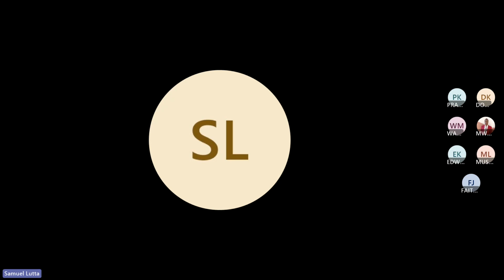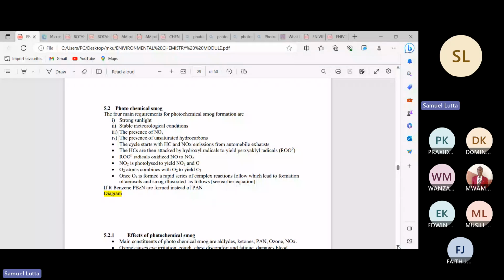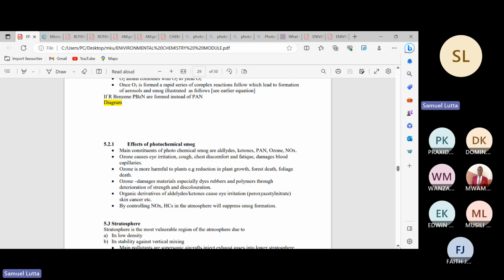We talk about PAN, that is the structure, peroxyacetyl nitrate, important hydrocarbons that take part in the formation of photochemical smog. So you start with the hydrocarbon, it's oxidized to form the aldehyde, and then the aldehyde is oxidized further to form the peroxide. So you can get that structure from the same. This is just a repeat of what we said yesterday.